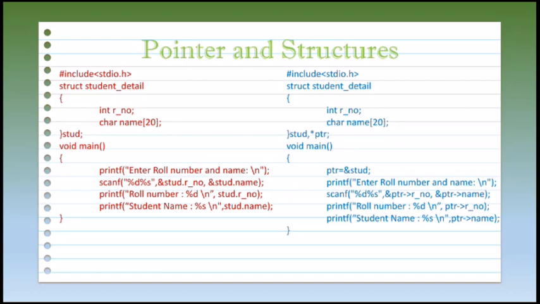Next, while reading the elements in the first example, the normal structure variable, we use the dot operator with stud, whereas in the second example, instead of using the structure variable we use the pointer ptr, which holds the address of that structure variable, and to access that we use the arrow operator.